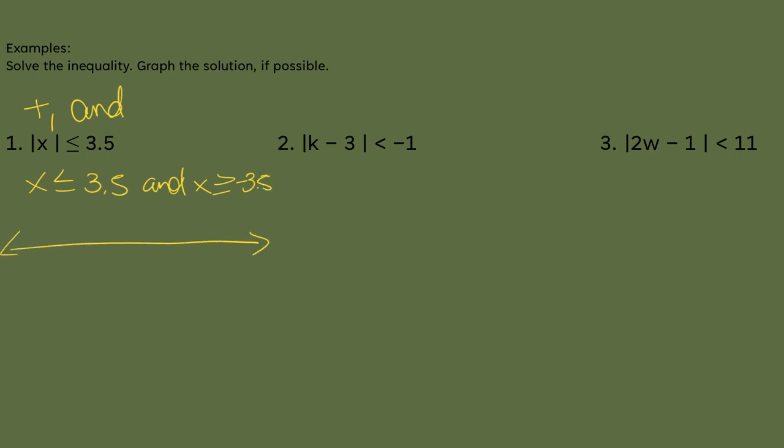And I'm going to graph it. I have a negative 3.5 here and a positive 3.5. It's going to be open or closed circle for the first x? Closed, and I'm going to the left. And what about the negative 3.5? Open or closed? And I'm going to the right, so it is connecting and it is intersecting, right?